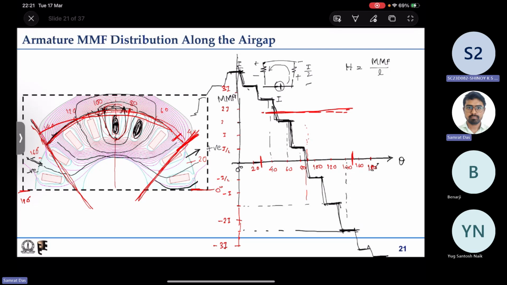If we are considering the whole thing, it will be 9i, right, sir? Yes. So that is why 9i, and half of that gets dropped on one side, half on the other side. That is why plus 4.5 and minus 4.5.